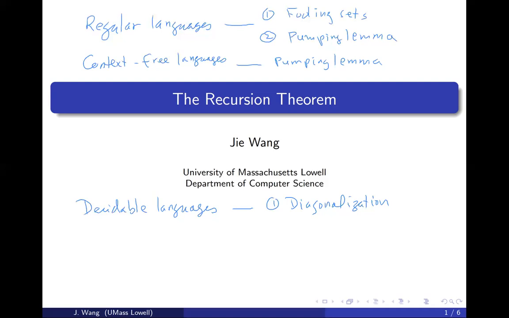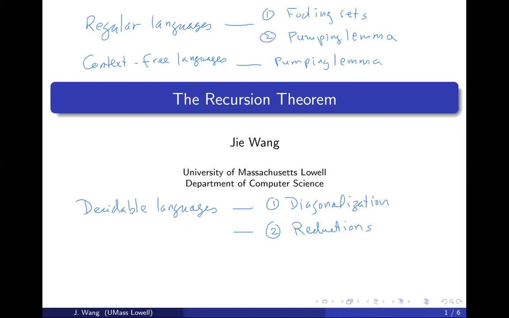For instance, we proved the acceptance language for Turing machines is not decidable. And also we have reductions. These are the things that we have talked about so far.